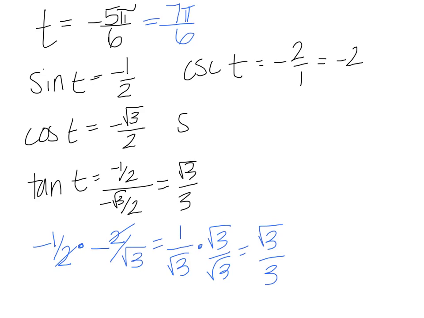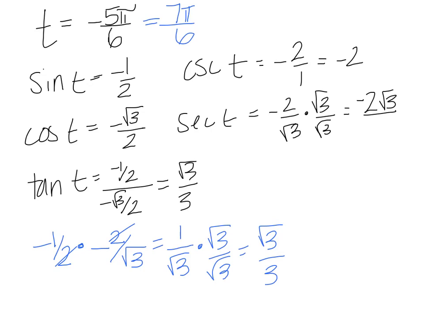Secant. Now if my cosine was negative square root 3 over 2, what would my secant be? Negative 2 over the square root of 3. And rationalize it. Times square root of 3 over square root of 3 gives us negative 2 root 3 over 3.